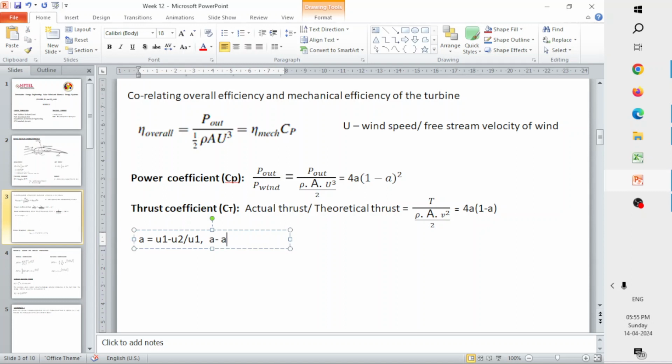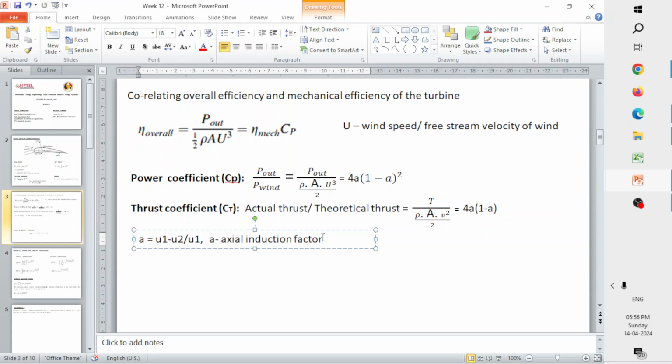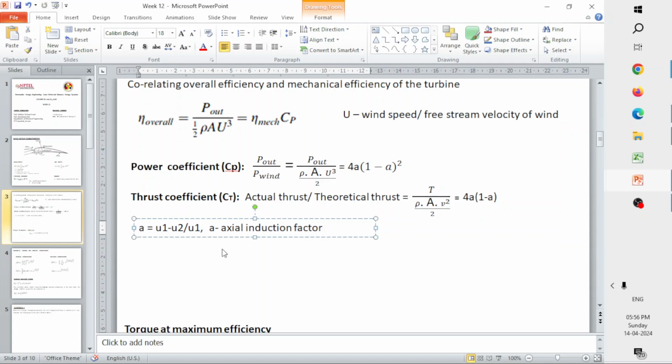As I'm repeating once again, the axial induction factor signifies the amount of speed of the wind that gets reduced when the wind interacts with your blade. So this is about the axial induction factor.